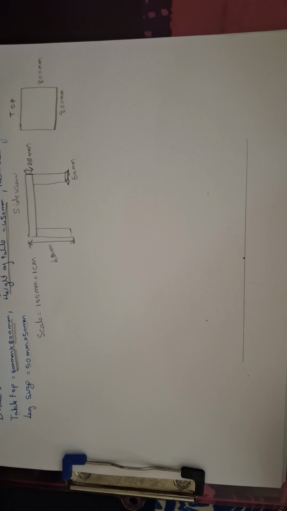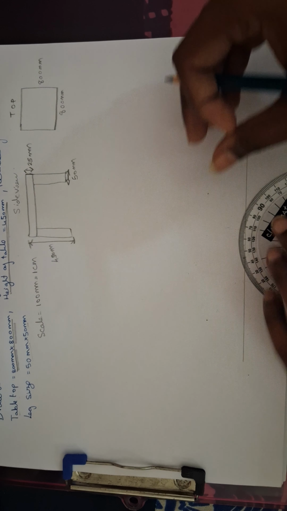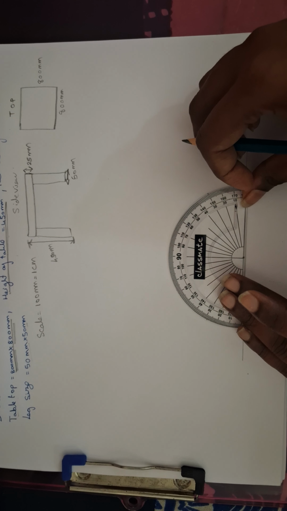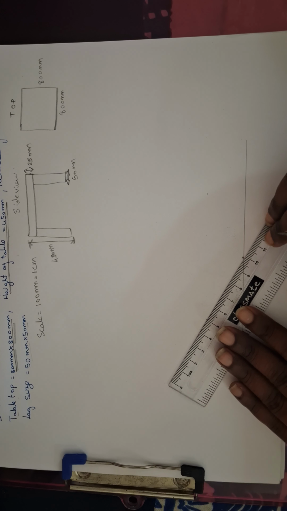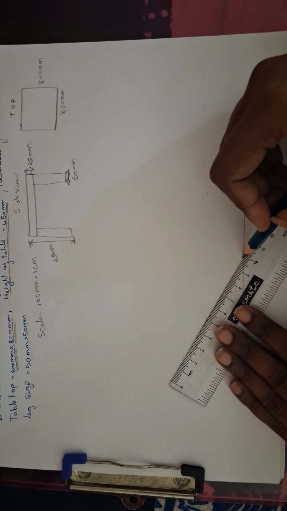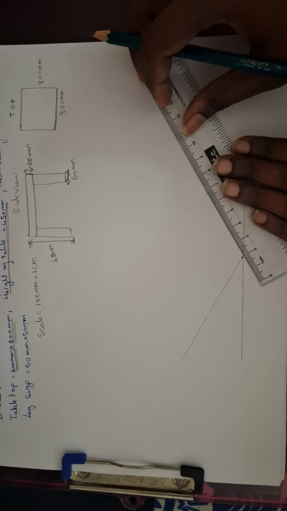I have marked using the protractor 30° on either side and drawing the line. Make sure that the line is drawn very lightly.